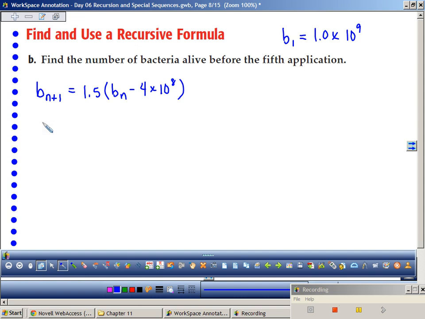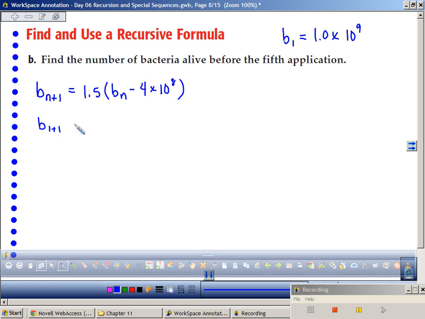How am I going to find b sub 2? Add a 1. b sub 1 plus 1 equals 1.5. Ooh, I didn't do something that I should have done. Before we do that, let's distribute. 1.5 b to the n minus, that becomes 6.0 times 10 to the 8th.